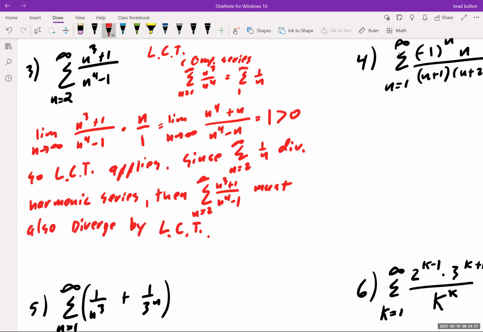And you're done. Okay, so that's how you can use the limit comparison test. And again, very little math, a lot of writing actually happening and explaining yourself, but very little math.